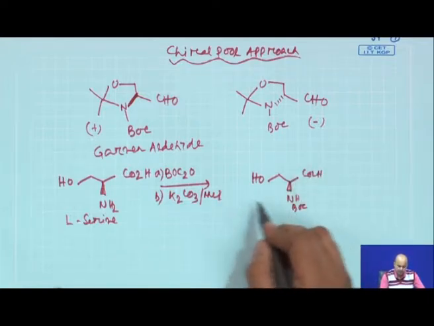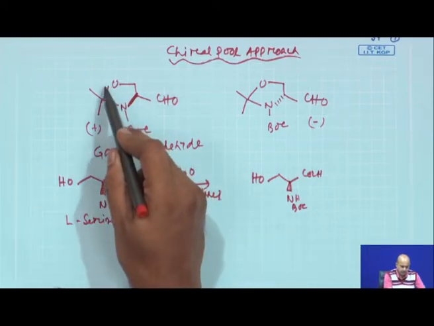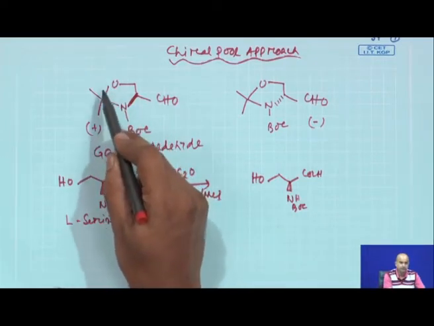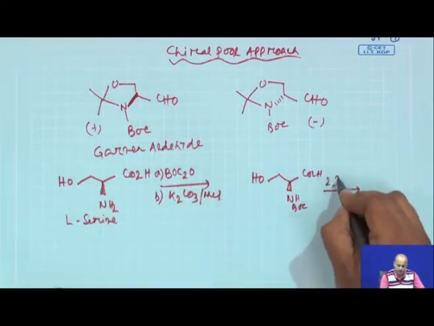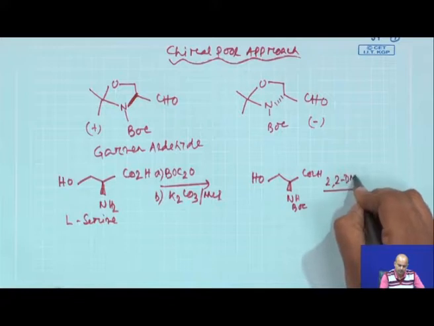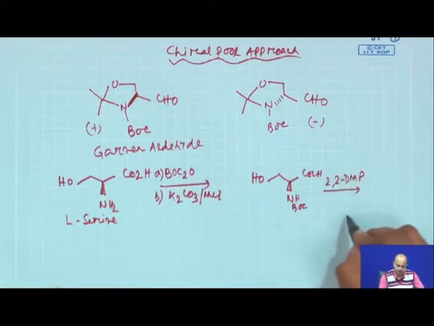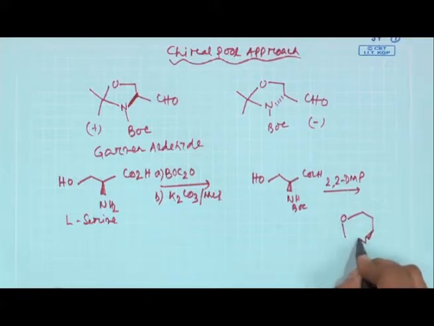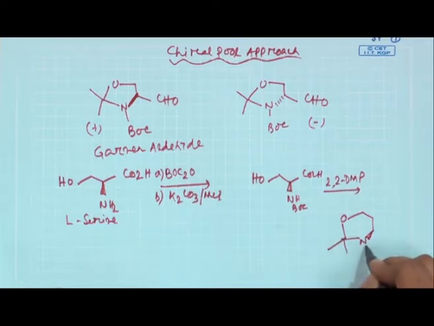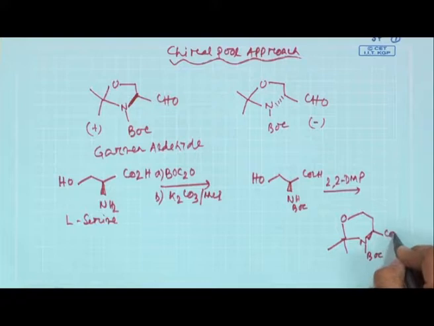Now, as acetonide protection is there in the target molecule, it was simply treated with 2,2-DMP or 2,2-dimethoxypropane to protect the alcohol and the amine group as its acetonide. The Boc remains the same, and then you have this CO2H.